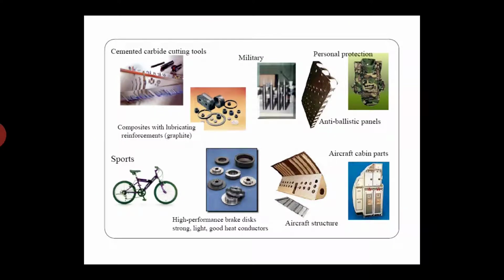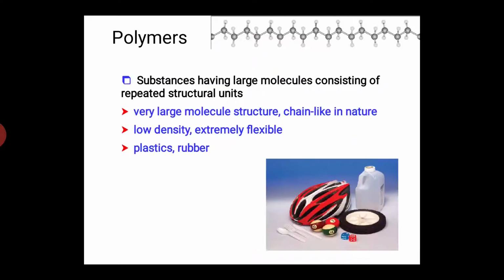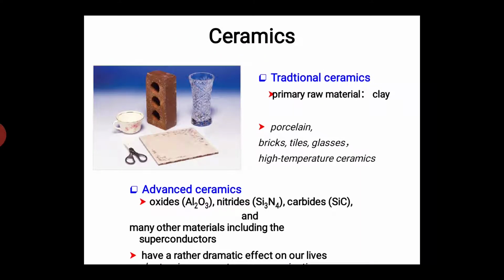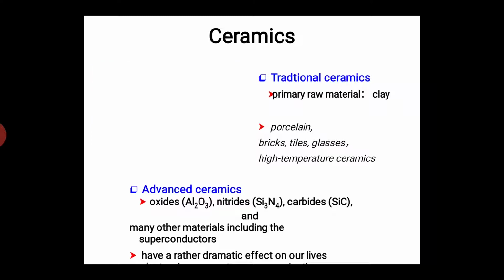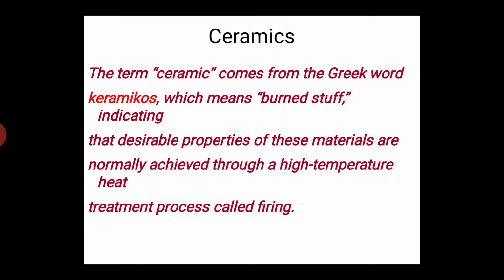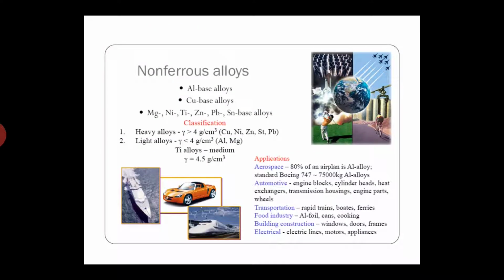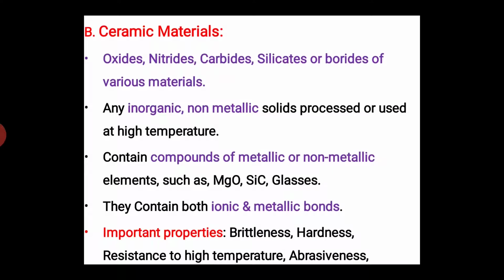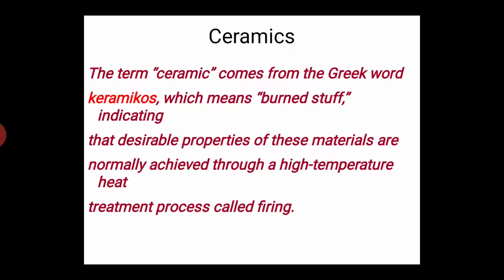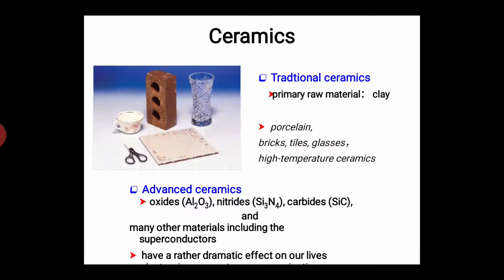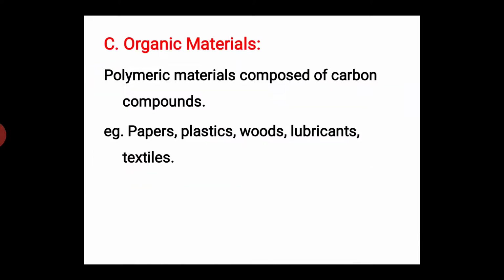Now till now we have studied the classification of materials. In the classification we have studied metal, alloy. In metal we have studied ferrous and non-ferrous alloy, then ceramic, with different applications as well as examples of ceramic.